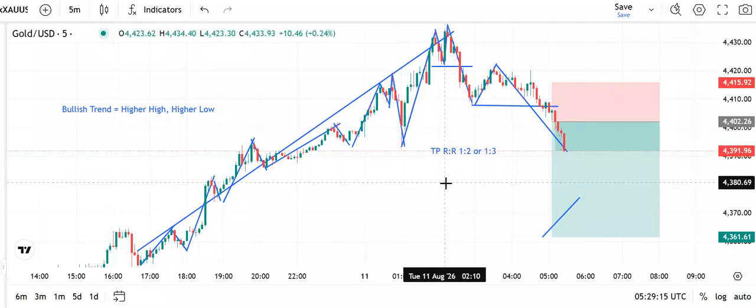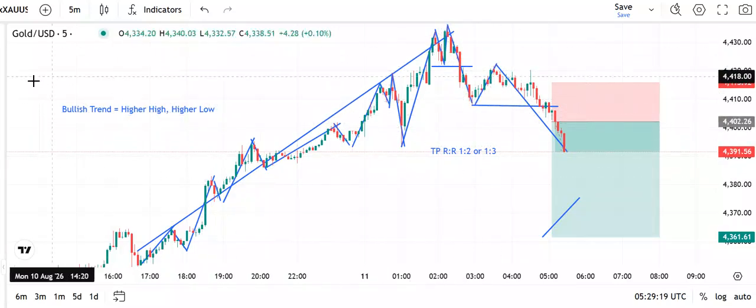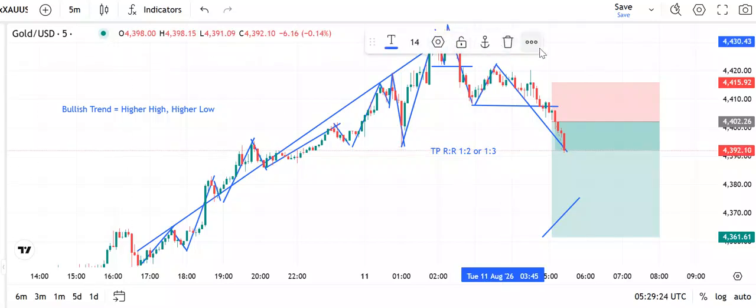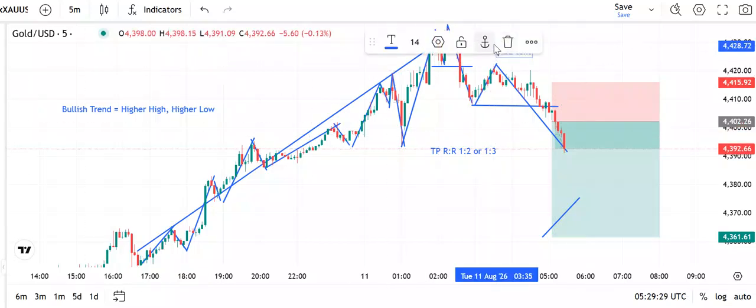Okay, but that's just the way the strategy is being used. So now we have the fresh development of bearish trend happening around here. We start to have lower high, lower low.